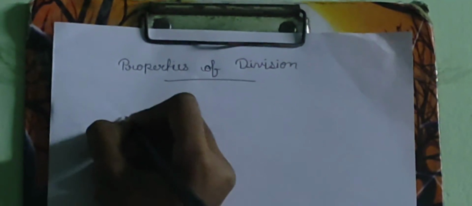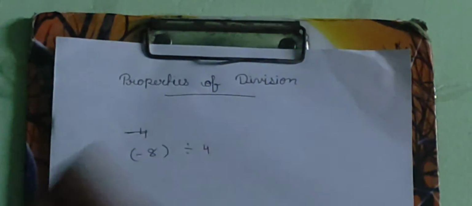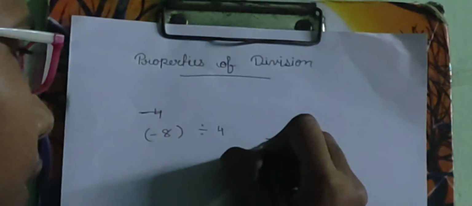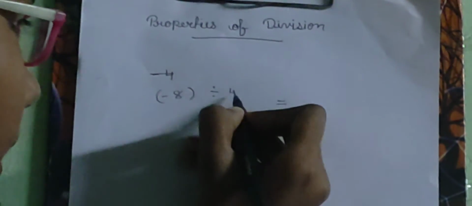Negative 8 divided by positive 4 is equal to 8 divided by 4, 2. Here we have one negative and one positive, so the answer is negative 2. It is an integer.